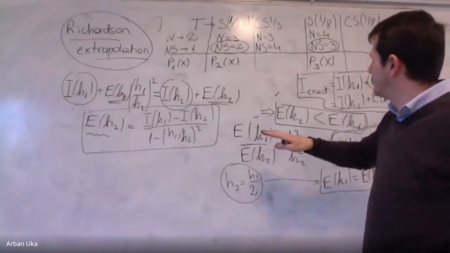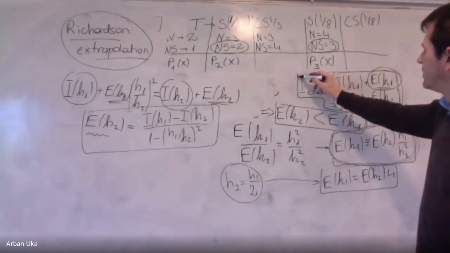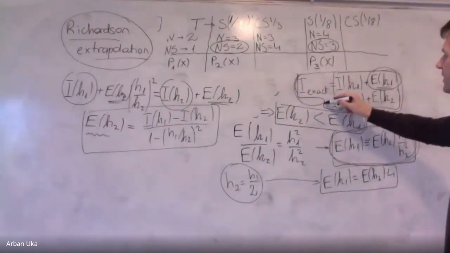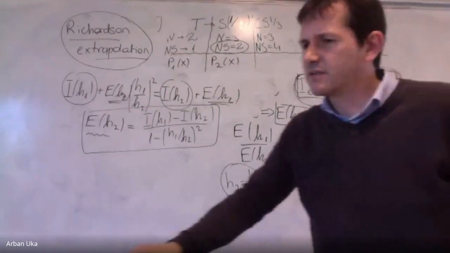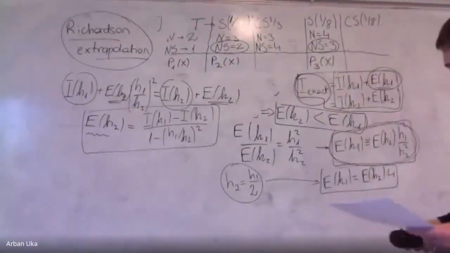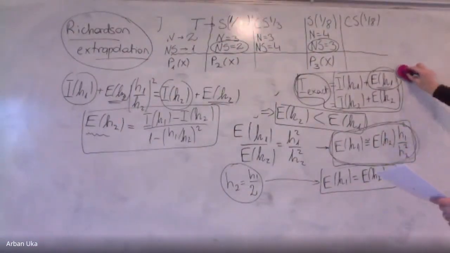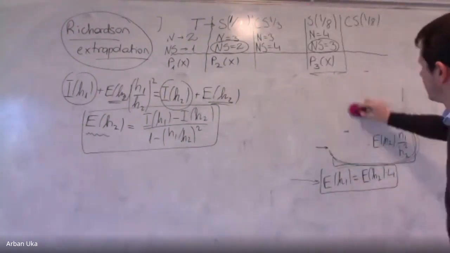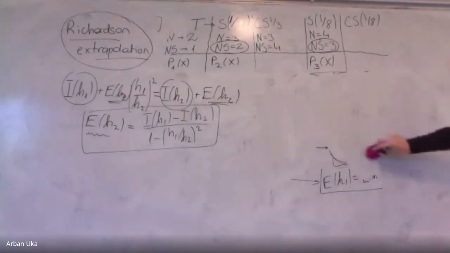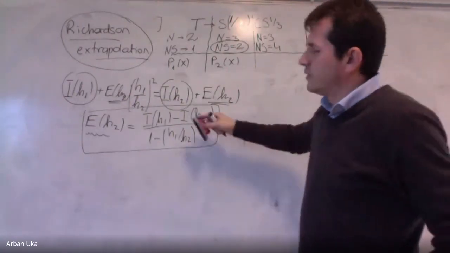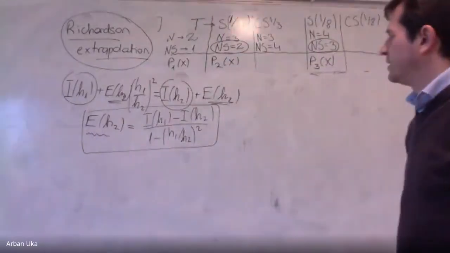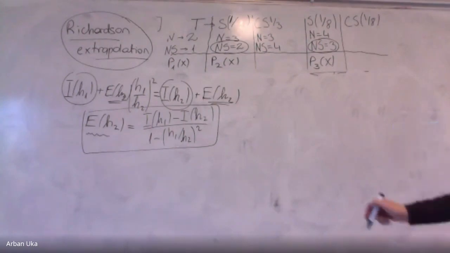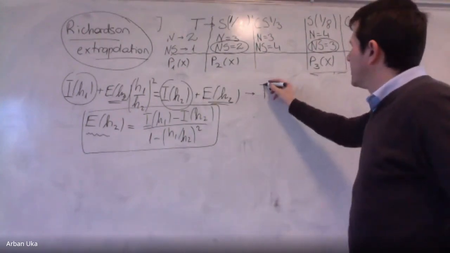What we can do now is that we can relate this error expression with the exact value. And this exact value, if we substitute a couple of times, so we're trying to prove somehow that if we use two different h's, we can finally find, as a result, that I exact.